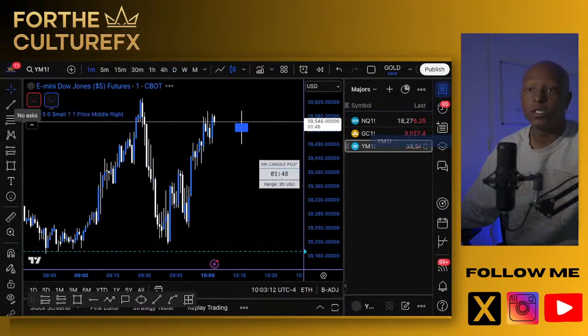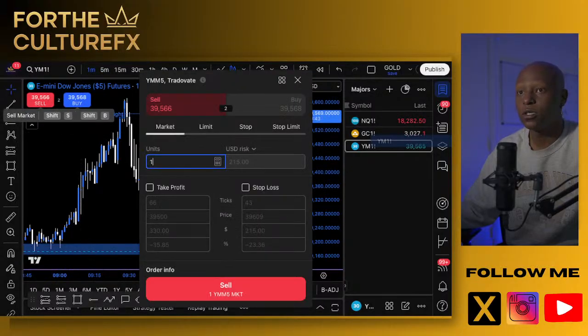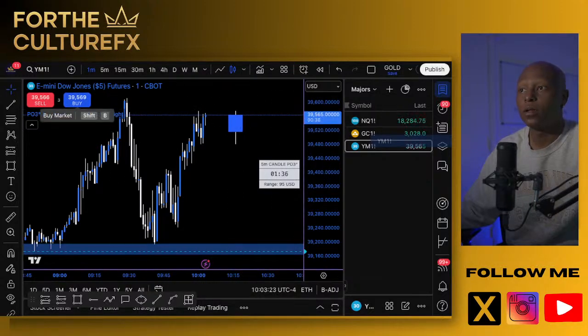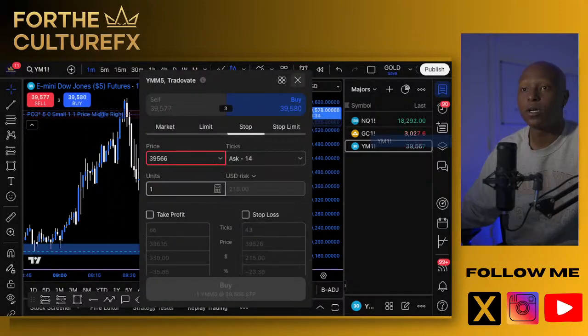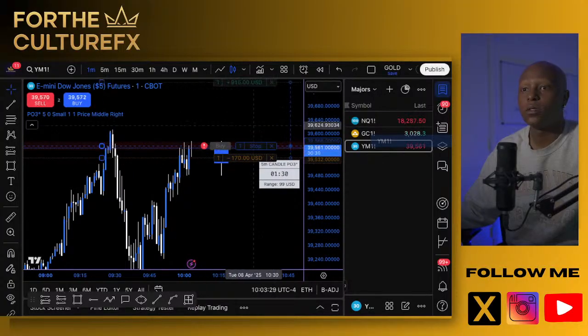Okay, so yeah, we're just seeing this continue on up. 5-minute candle just closed bullish. Not a sell. Looking for a buy. Buy stop. Here we go. Stop loss. Take profit.